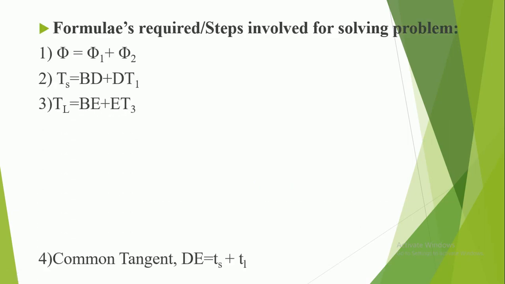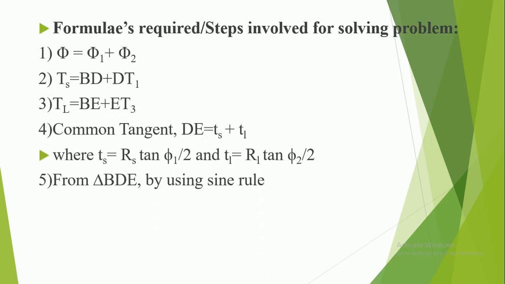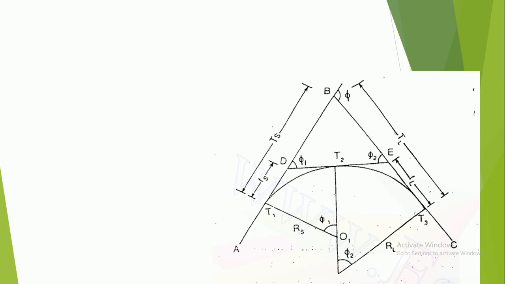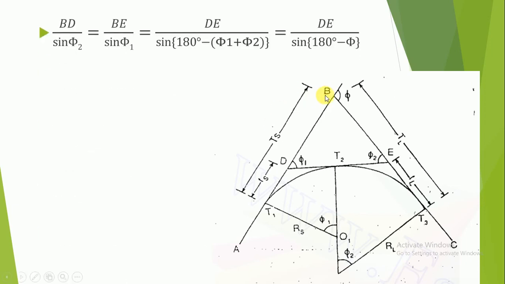For that purpose we are going to apply the sine rule to the triangle B, D and E. The sine rule says the ratio of the opposite side divided by the sine of that angle is constant.